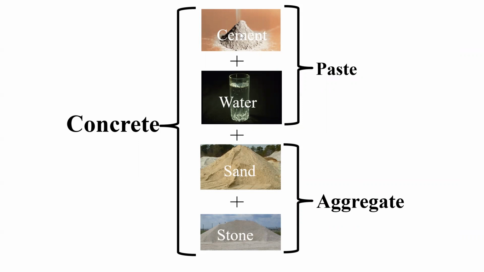And if the word paste is used, that's talking about your cement, and maybe cementitious materials like fly ash or slag, and water. So it has to be the combination of cement and water at least, and then you can add in other cementitious materials like fly ash.